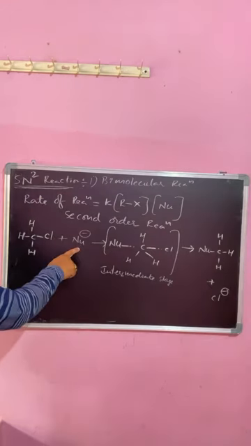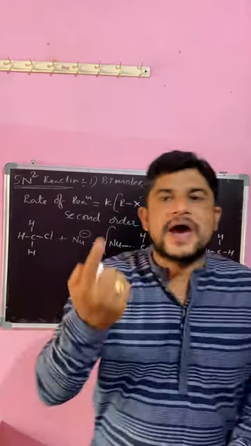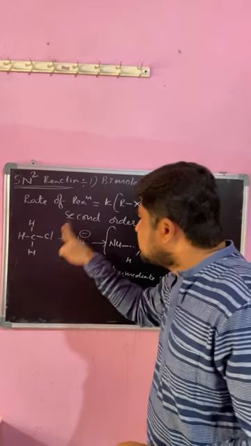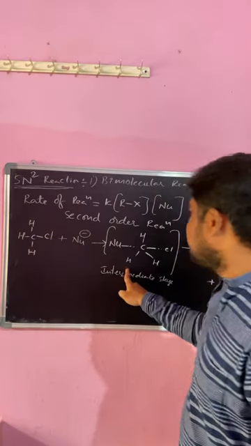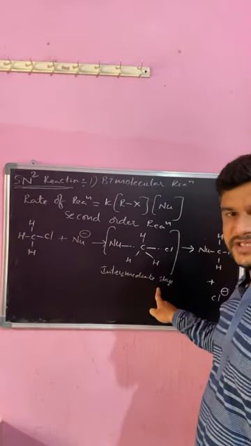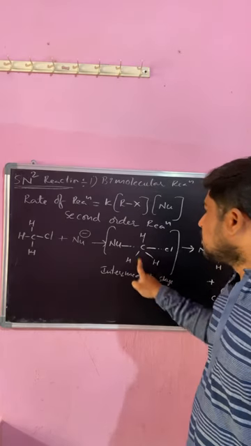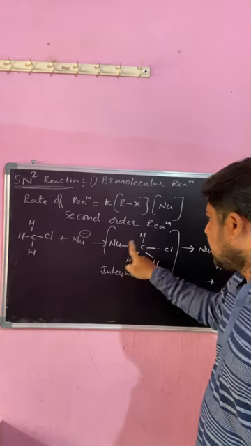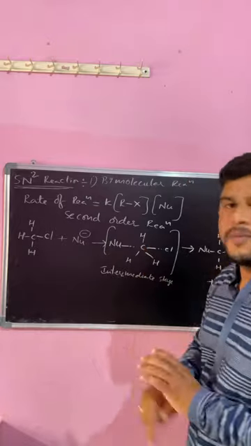Here the nucleophile attacks the carbon atom from the back side, exactly opposite to the chlorine atom, and results in the formation of one intermediate stage. An unstable intermediate stage is formed in which the nucleophile as well as the chlorine atom are both partially bonded with the carbon atom.